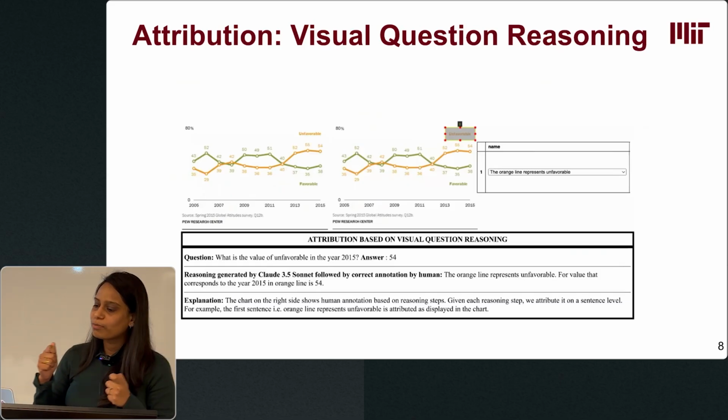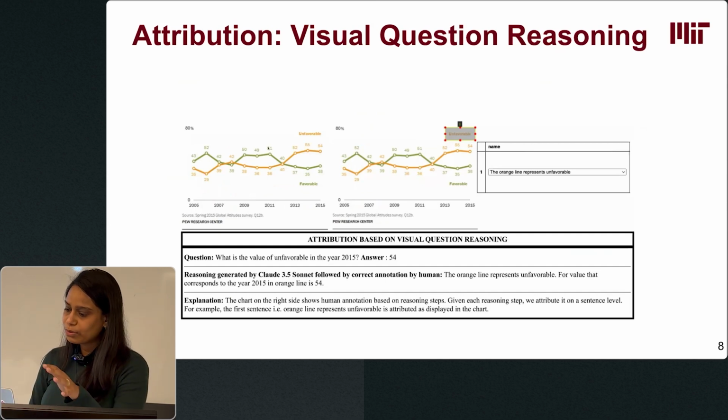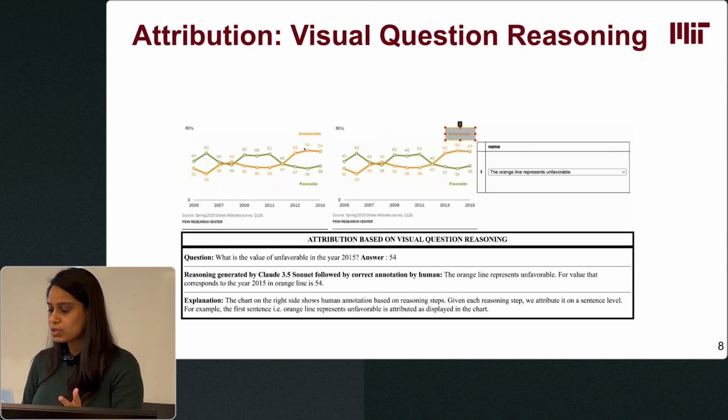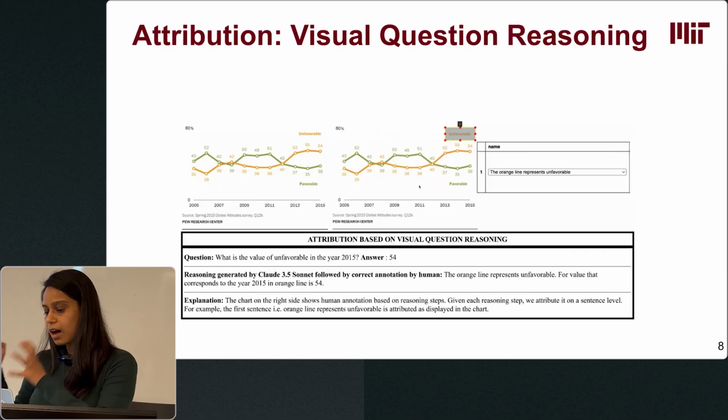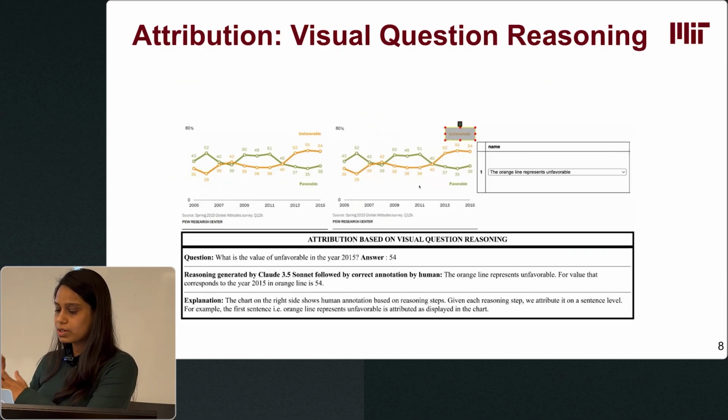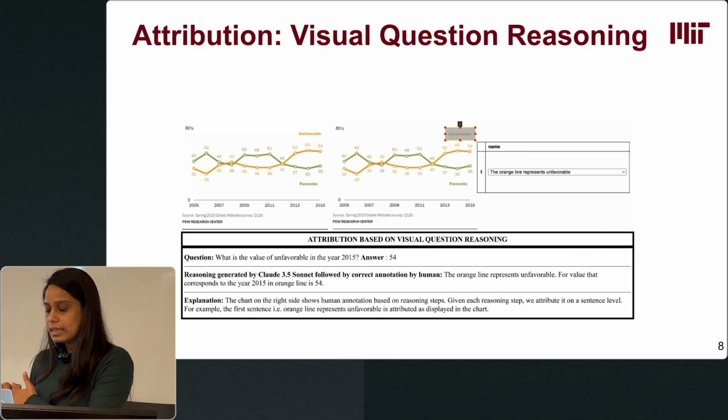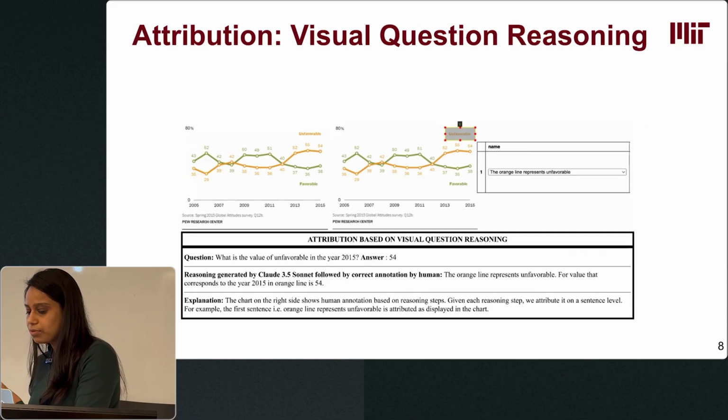So let's say we want to draw a bounding box on this chart, and the first reasoning that comes out if we give this chart and question to a vision language model is the orange line represents unfavorable.